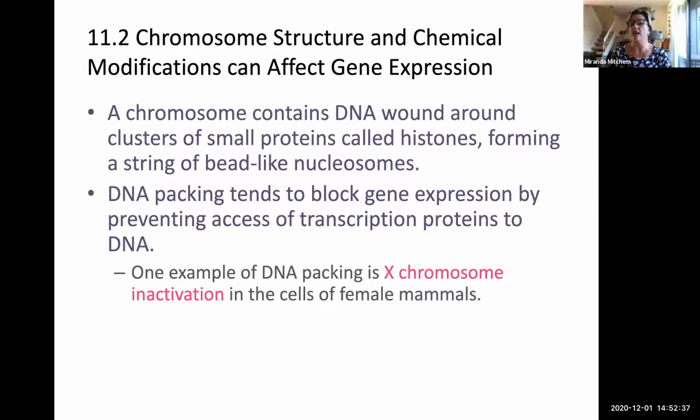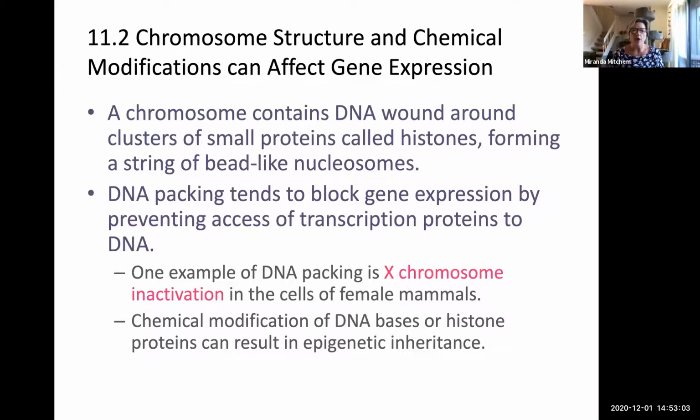This happens in female mammals, and females have XX, right? They have two X chromosomes as their sex chromosomes, but only one of them is active. We're not utilizing both of those through gene expression. One of them is essentially turned off. It is inactivated.